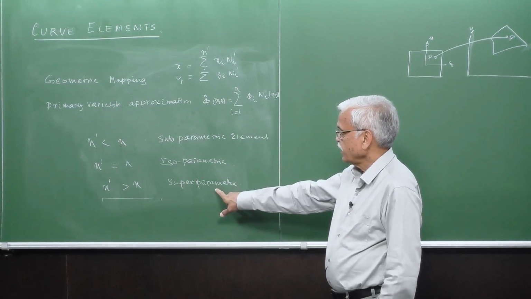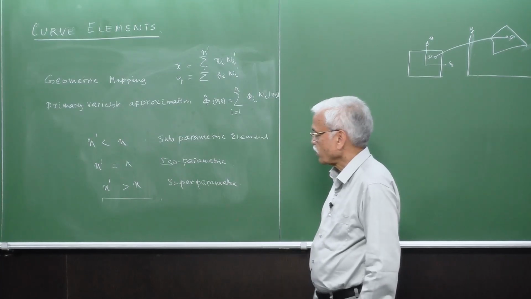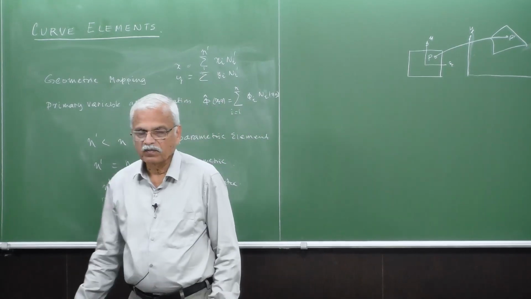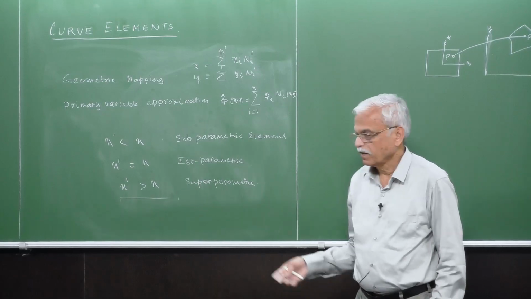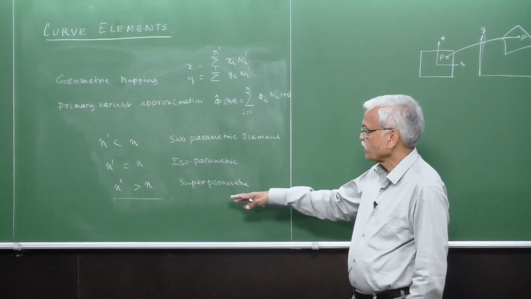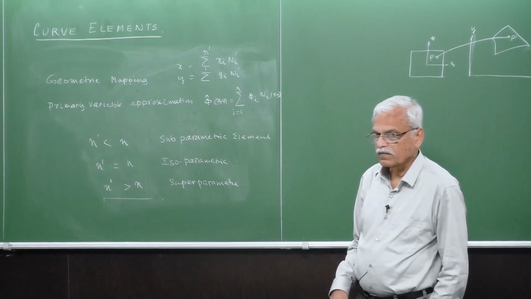The last one, superparametric, is where the geometry is more complex, like in curved shells and so on, but the variable may not be that complexly varying. So these are the various things.